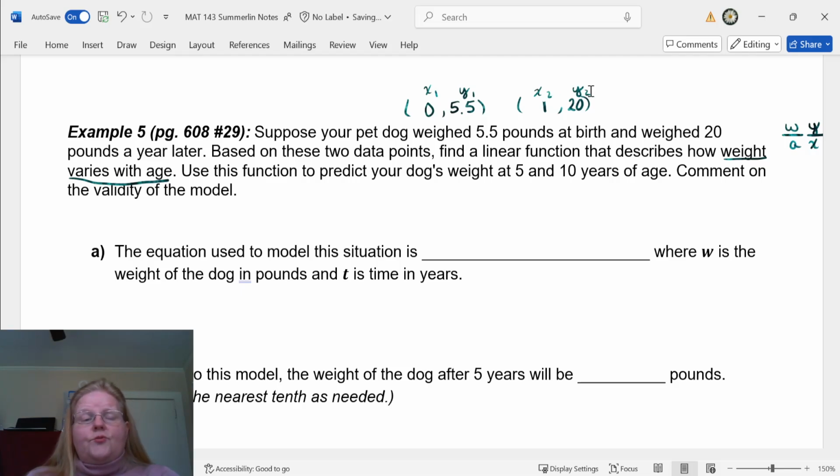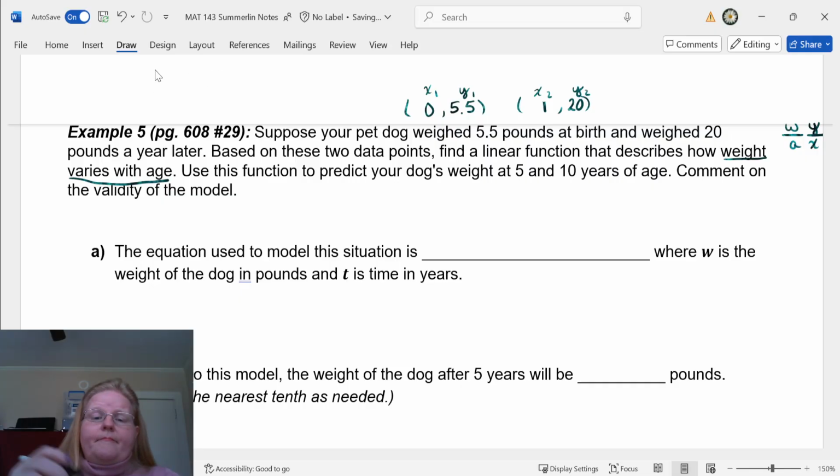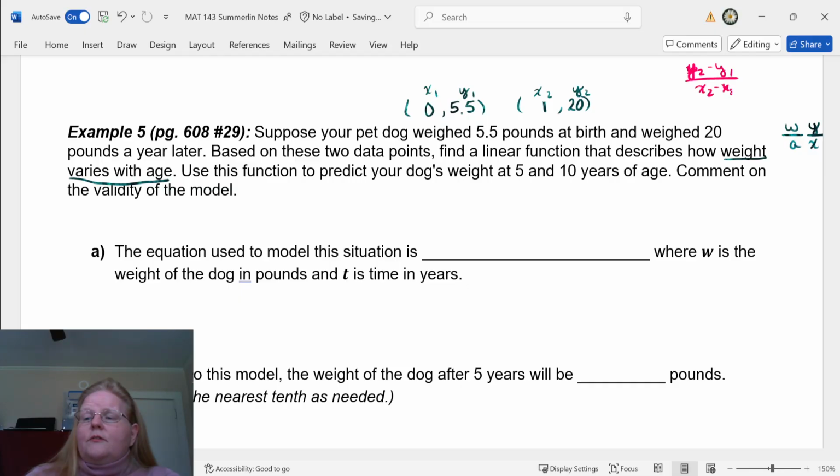And we get to use the formula that was mentioned before, which was y2 minus y1 over x2 minus x1 equals, to get our m.